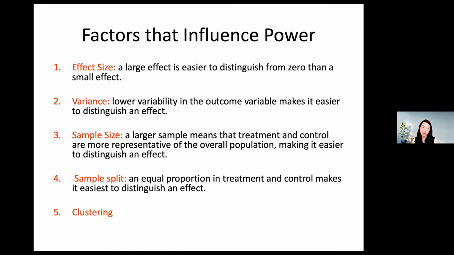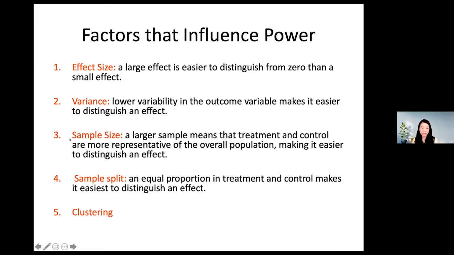So the bigger the effect size, the easier it is to distinguish from zero. And the second one is the variance, which is the variability in the outcome variable. If there's not much variance in the outcome variable, then it's easier to find an effect.